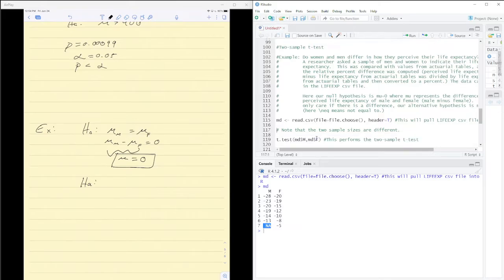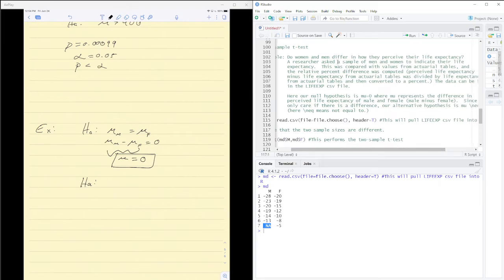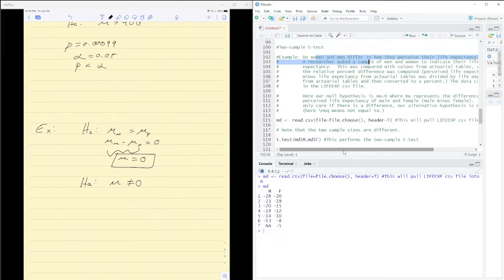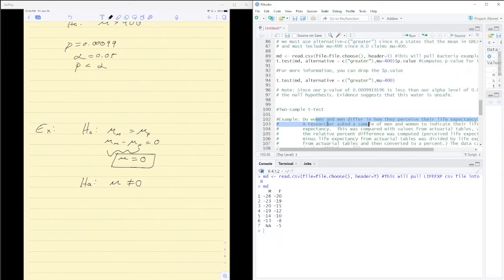And we want to see if they differ. It doesn't say one has a higher expectancy than the other. It just says, are they different? So different will be a not equal to statement here. Okay. So in tests before, we had to specify if it was a greater than or less than statement.